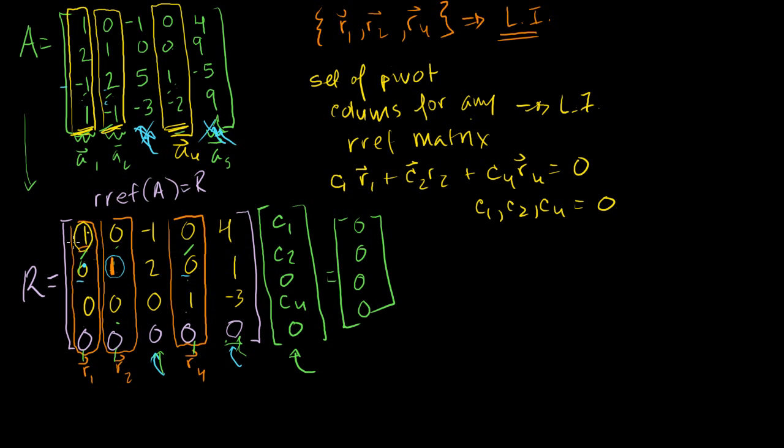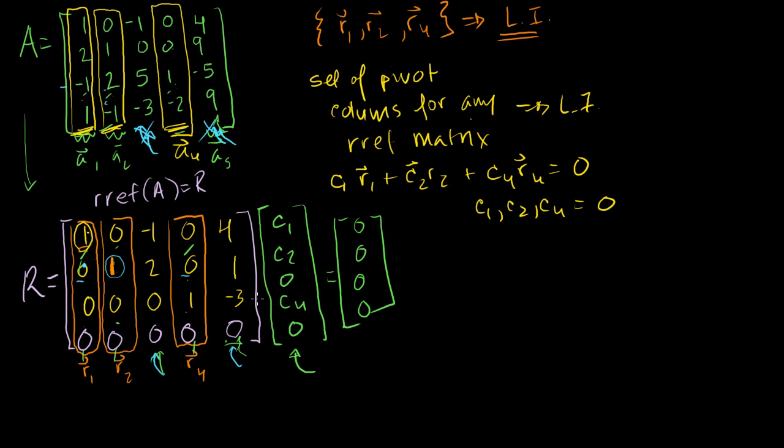Now, if we just expand this out, if we just multiply 1 times C1 plus 0 times C2 minus 1 times 0 plus 4 times 0, actually, let me tell you a better way to explain it.